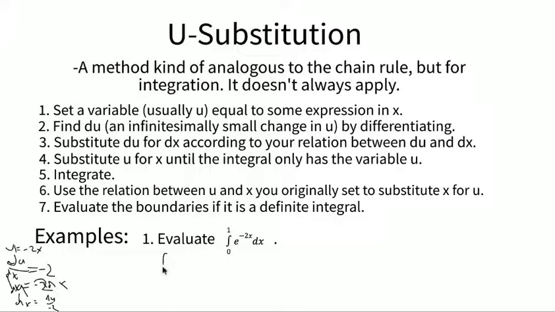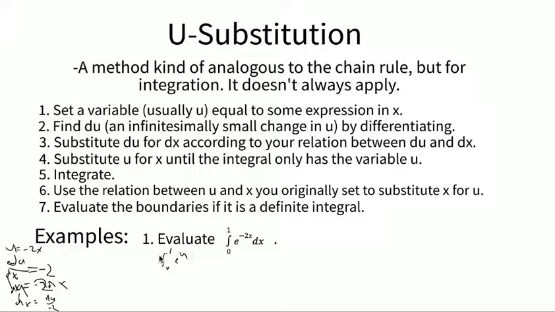So we get that our integral is the integral from 0 to 1 of e to the... Okay, now I'm going to go on to step 4 as well: substitute u for x according to your relation until the only variable is u. We have negative 2x, and according to what we set in the beginning, u is equal to negative 2x, so it's just e to the u.